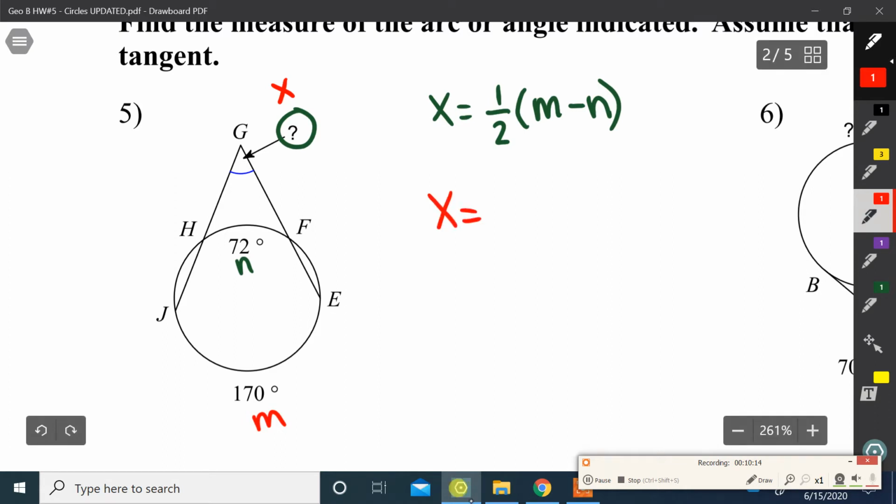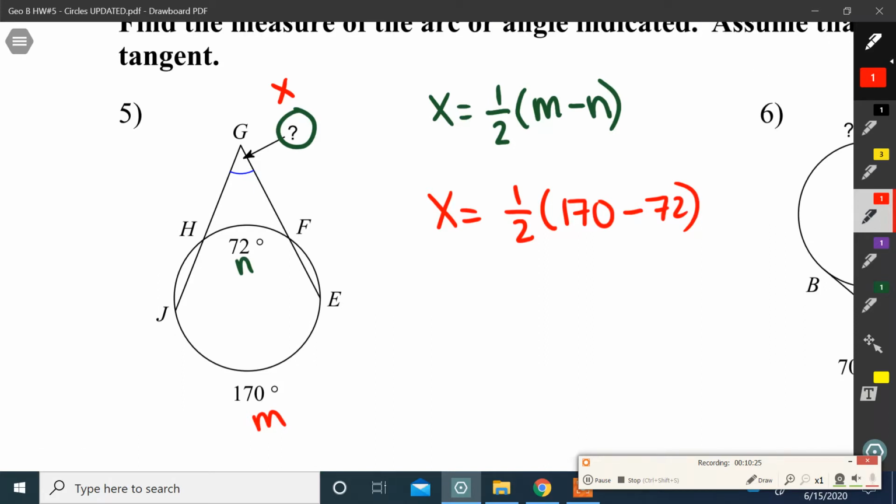That is what we're looking for. The m in this case is 170 minus the n, which is 72. We're going to be using our calculator here now.